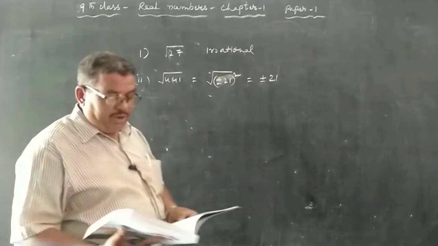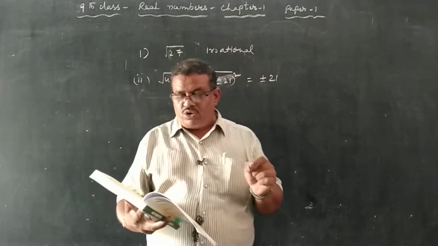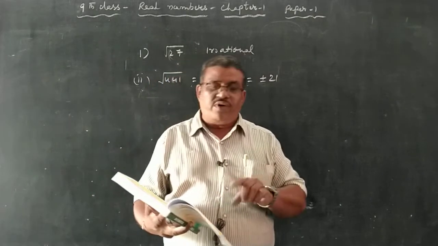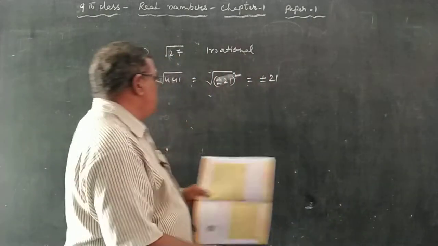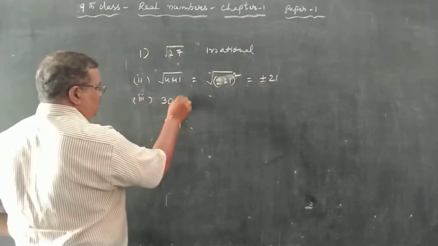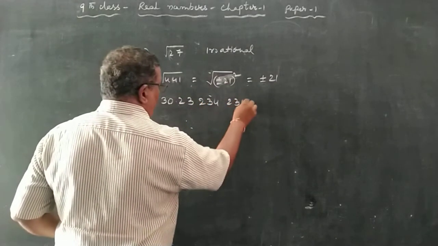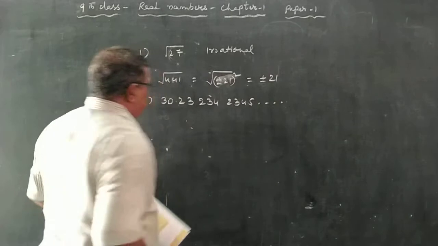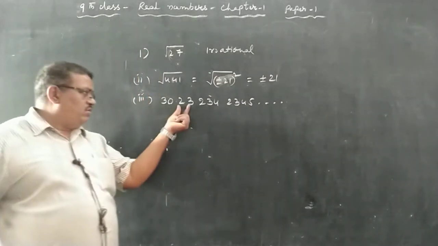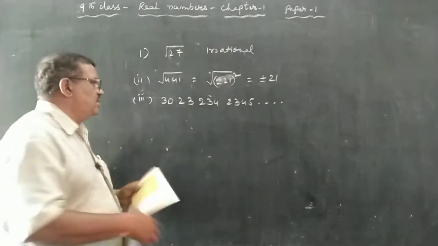Now the third problem: 30.23, 234, 2345, and so on. Interesting question. In this decimal, 23, 234, 2345 continue like that.